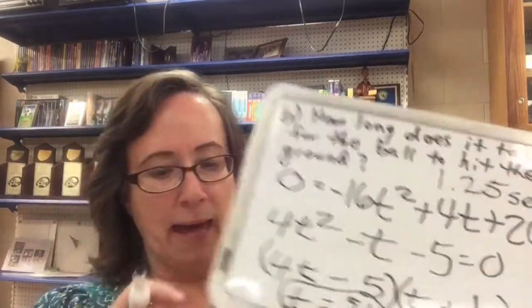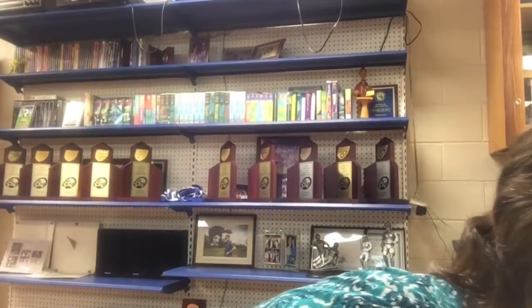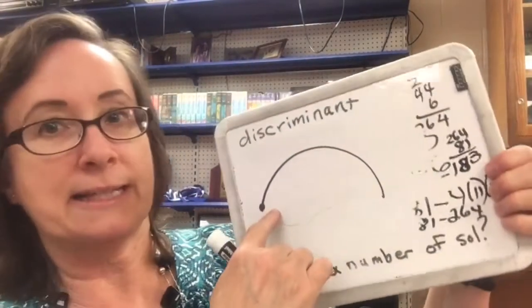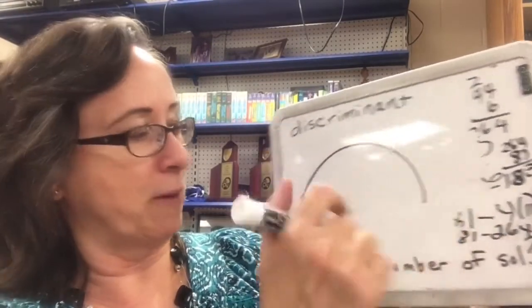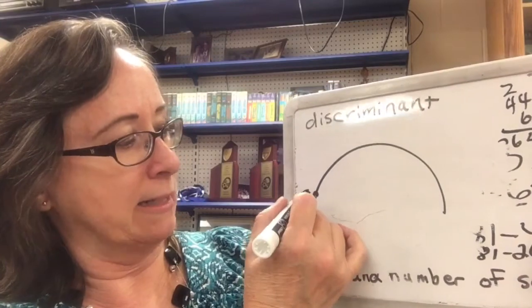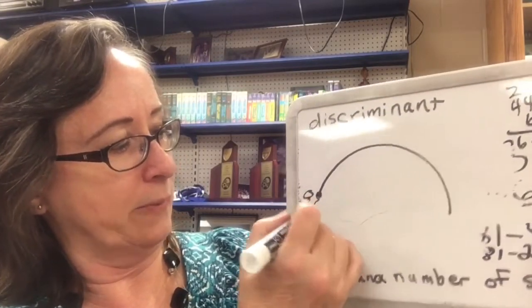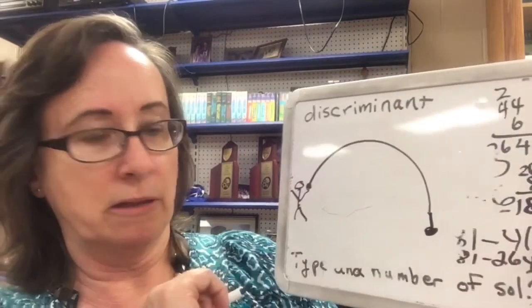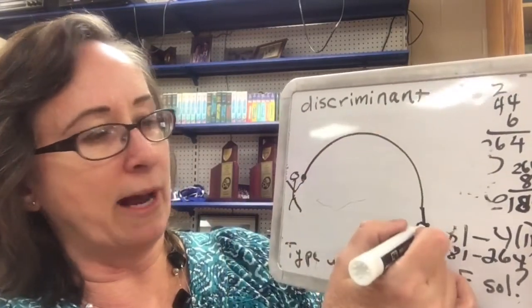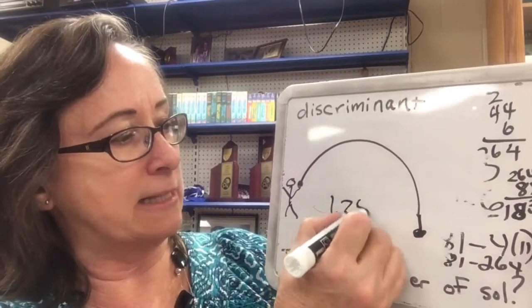Let's go back just so that you see what's going on in this. This guy is throwing a ball. He's releasing it from his hand, and I'm great at stick people here. So here's the ball, and he's throwing the ball, and it's going to hit the ground in 1.25 seconds.